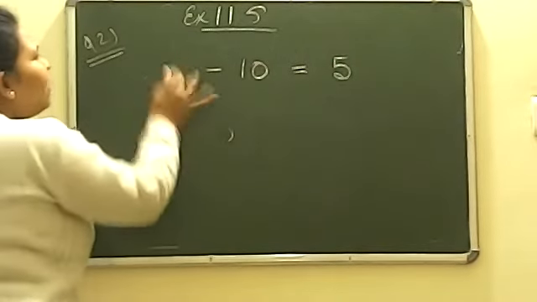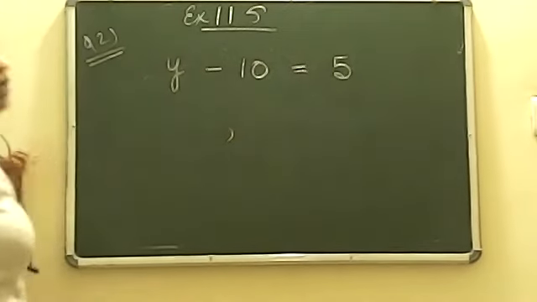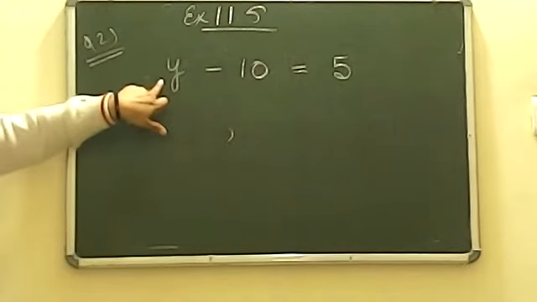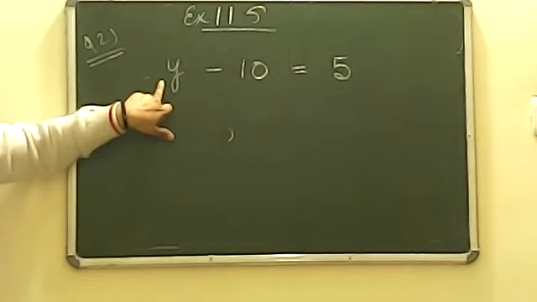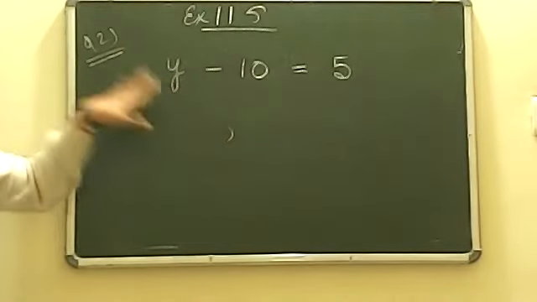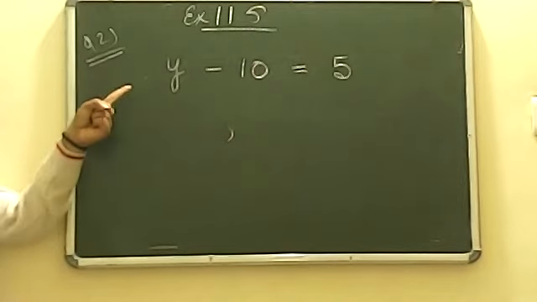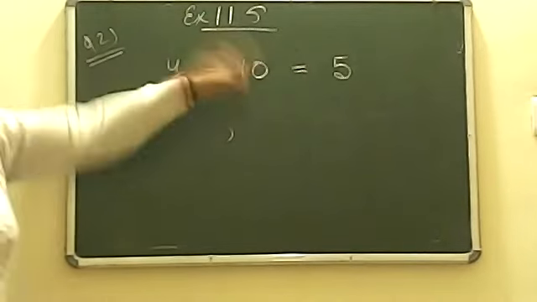Means if I remove x also and write y, or z or p or w, whatever I write, you understand that this is the unknown. And if I tell you to find the value of the unknown, right now, what answer will you tell me? What I will place in place of y, you give the answer 5.